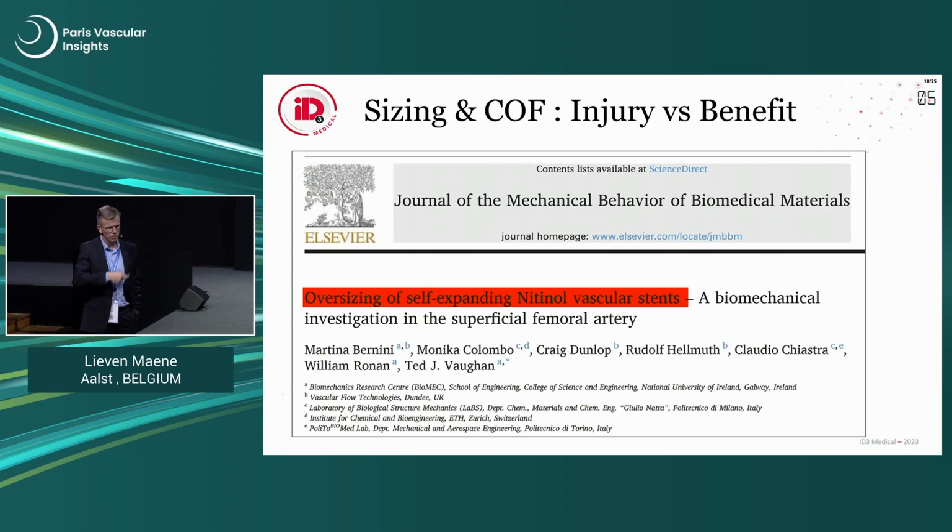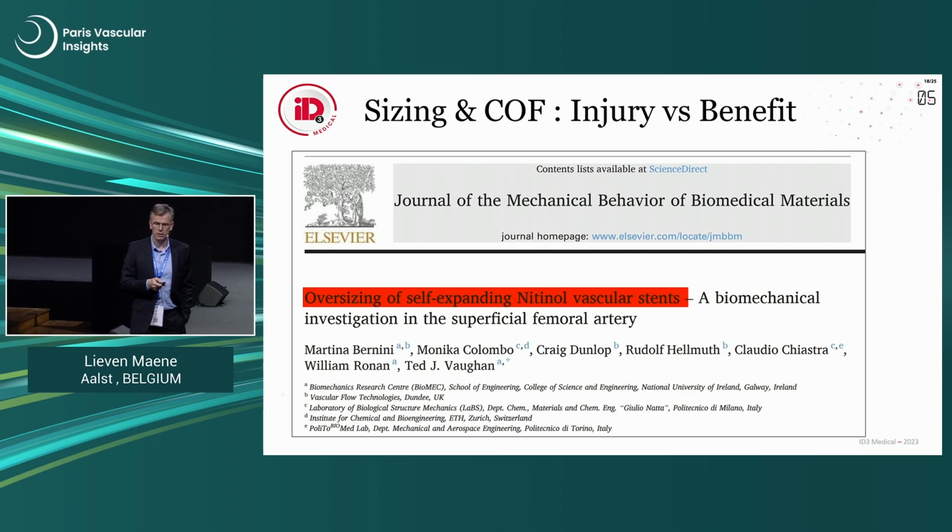But let's go back to the engineering world again. What about oversizing in the self-expanding stents? Because in my lab, when I put a self-expanding nitinol stent in a vessel of 5 millimeters, then I will use a 6 millimeter device, unless it's a braided stent. But what does the engineer say?